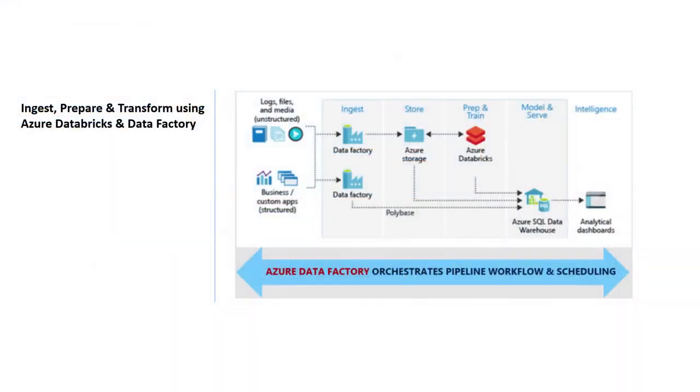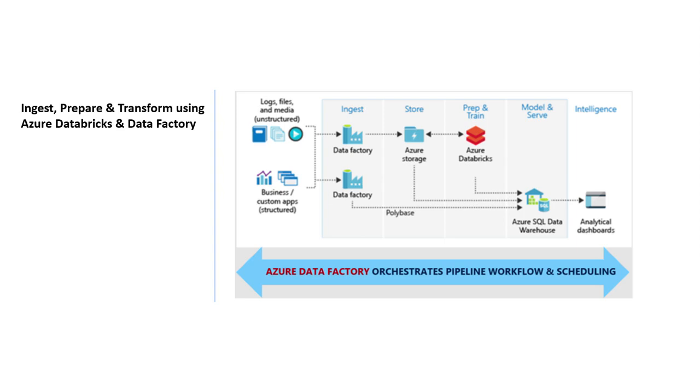So Databricks GA was announced in March, and with Databricks GA comes an ability to do ETL, ELT with Azure Data Factory. Now, Azure Databricks is a fast, easy, and collaborative Apache Spark-based analytics platform. You can build your notebooks and write code in Python and Scala.